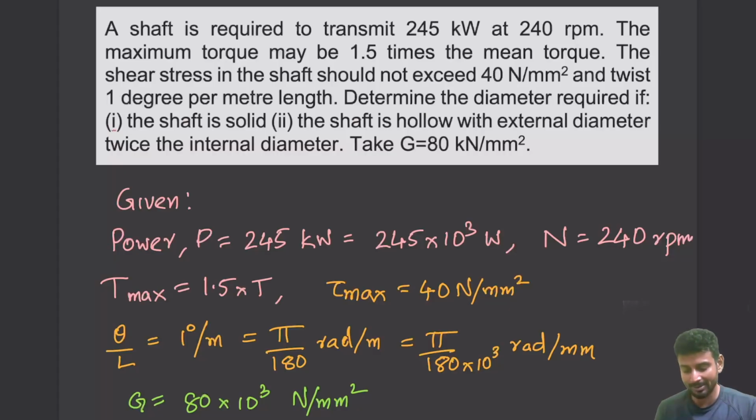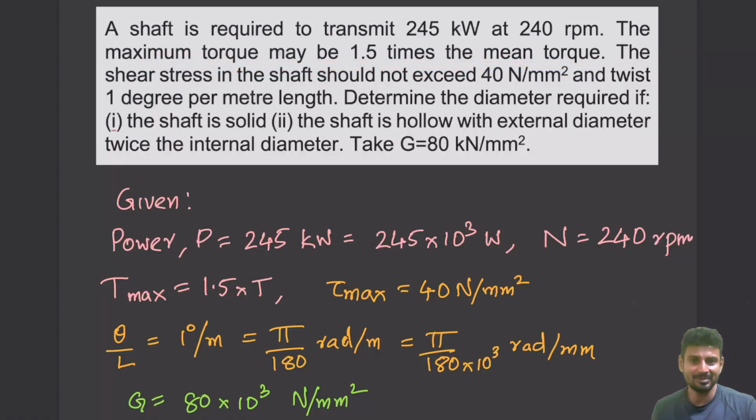So power P is 245 kilowatts, that is 245 into 10 raised to 3 watts. The speed N is 240 RPM. Also, it is given in the question that the maximum torque may be 1.5 times the mean torque.